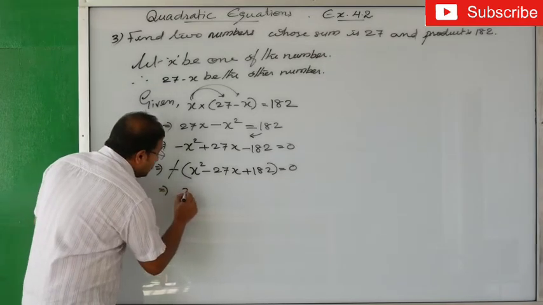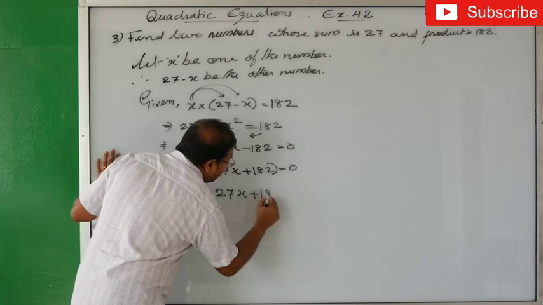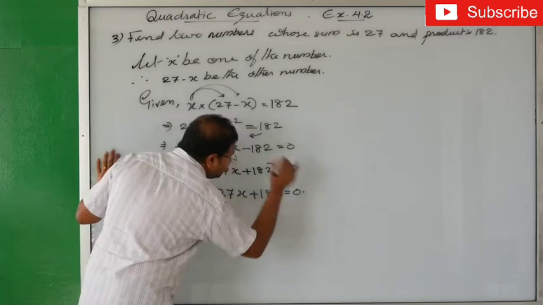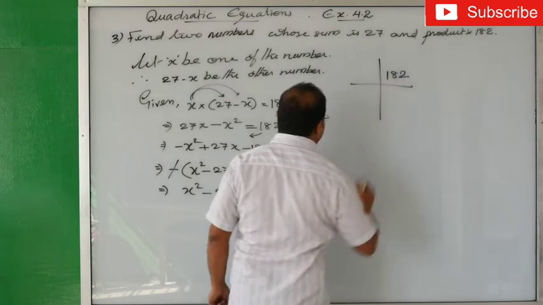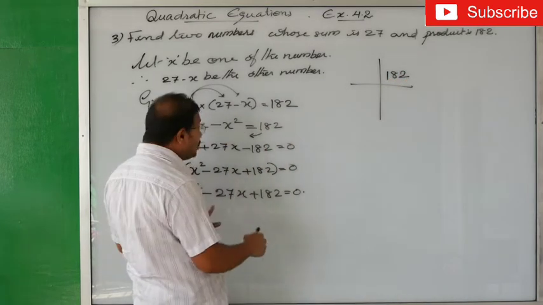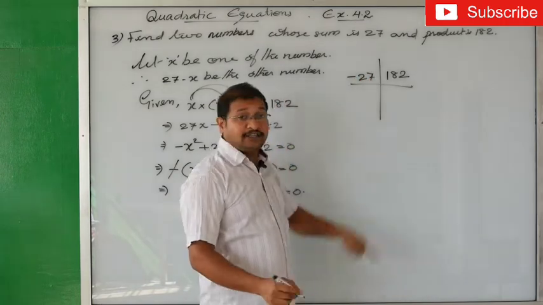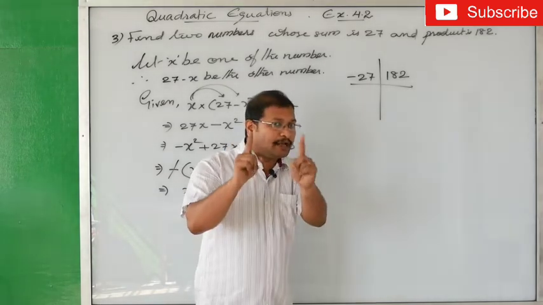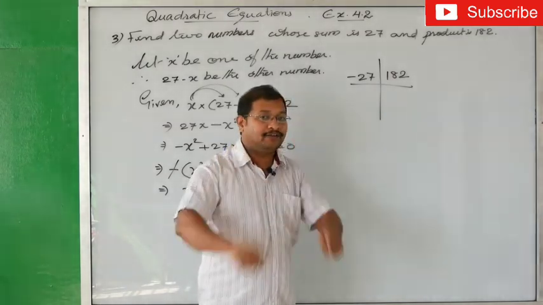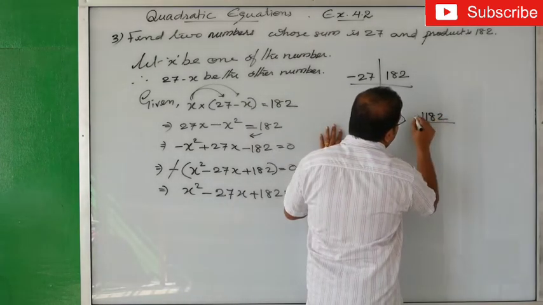This implies x square minus 27x plus 182 equal to 0. See, the multiplication place you got is 182, that is plus, and the addition place you got is minus 27. Multiplication you got plus, addition place if you get minus means both numbers are negative. Ready? So let us factorize 182 by 2.